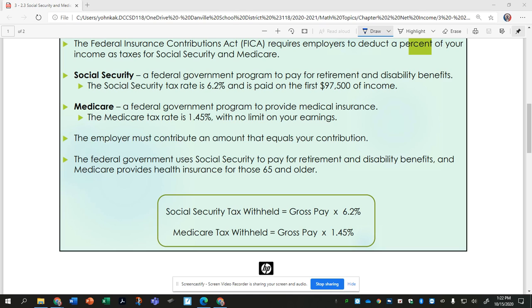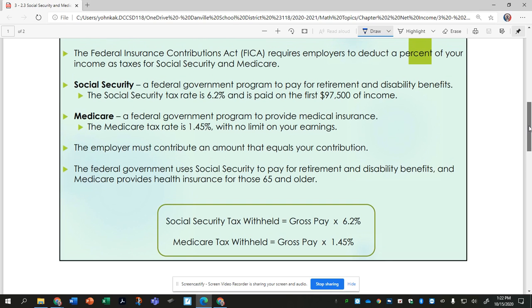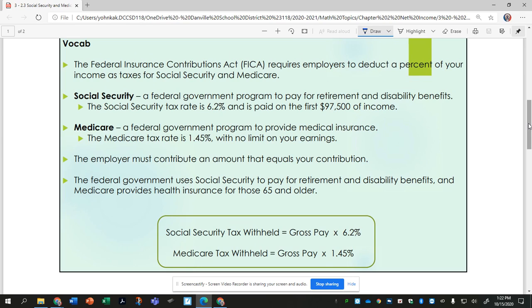The Federal Insurance Contributions Act, or FICA, requires employers to deduct a percent of your income as taxes for Social Security and Medicare. Social Security is a federal government program to pay for retirement and disability benefits. The Social Security tax rate is 6.2%, always 6.2%, and is paid on the first $97,500 of income.